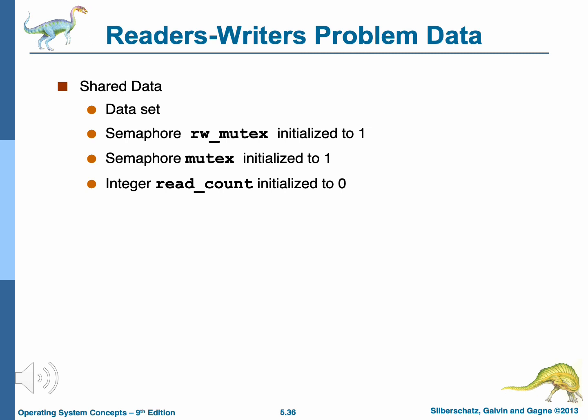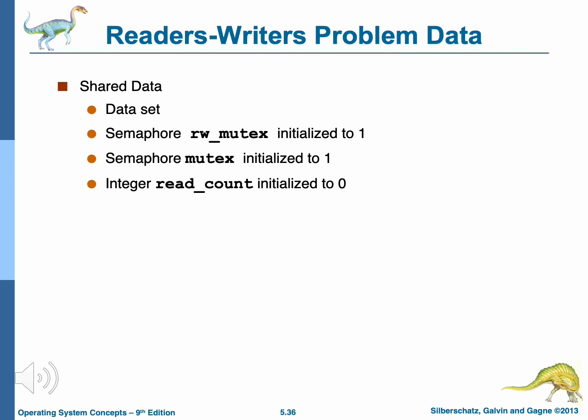In the solution to the first readers-writers problem, the reader processes share the following data structures: Semaphore RW mutex equal to 1, Semaphore mutex equal to 1, int read count equal to 0. The Semaphores mutex and RW mutex are initialized to 1.